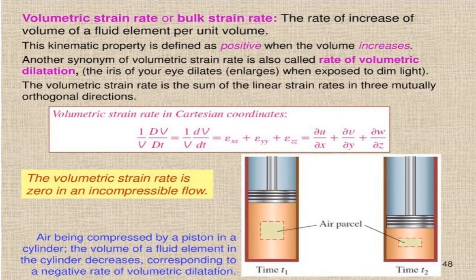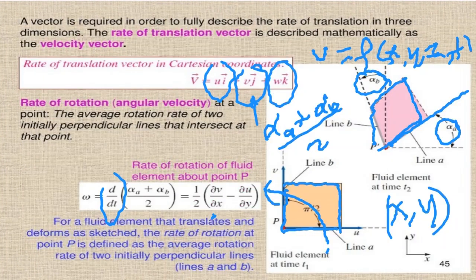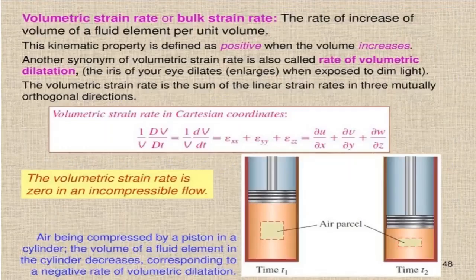There is also the volumetric strain rate. Volumetric strain rate is the change of volume per unit time. Normally, we take the change of volume as dV over V, which is the change of volume per unit volume.